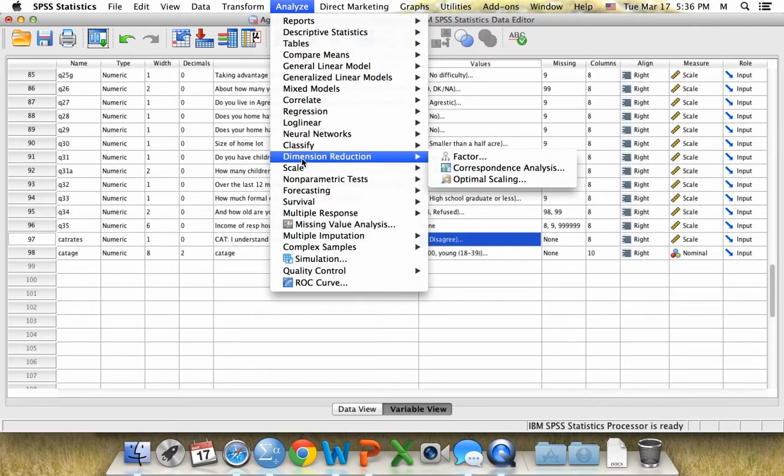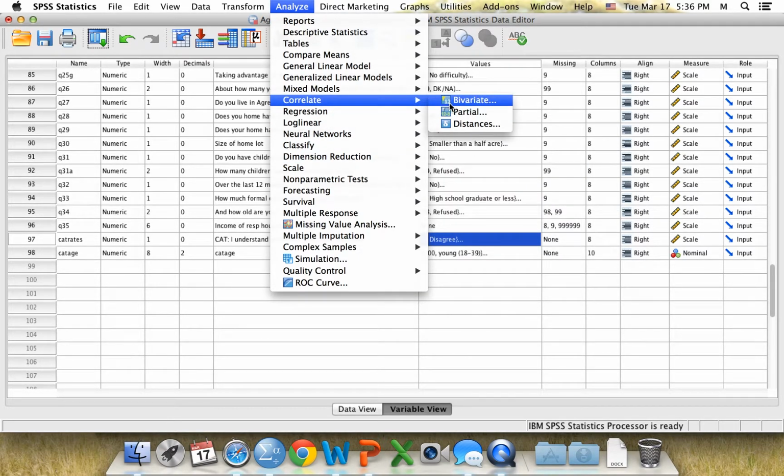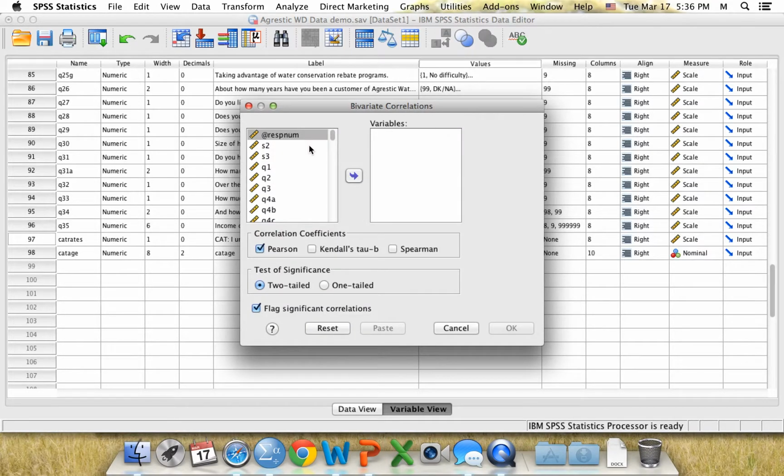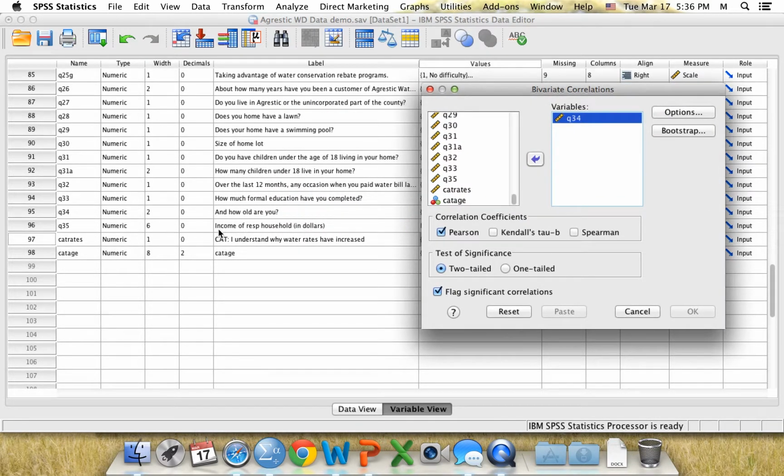So I go to Correlate, Bivariate, and I select Q34, which is age, and income, that's Q35. And the default setting requests Pearson coefficient, so we want to keep that. The other two are for categorical correlations.